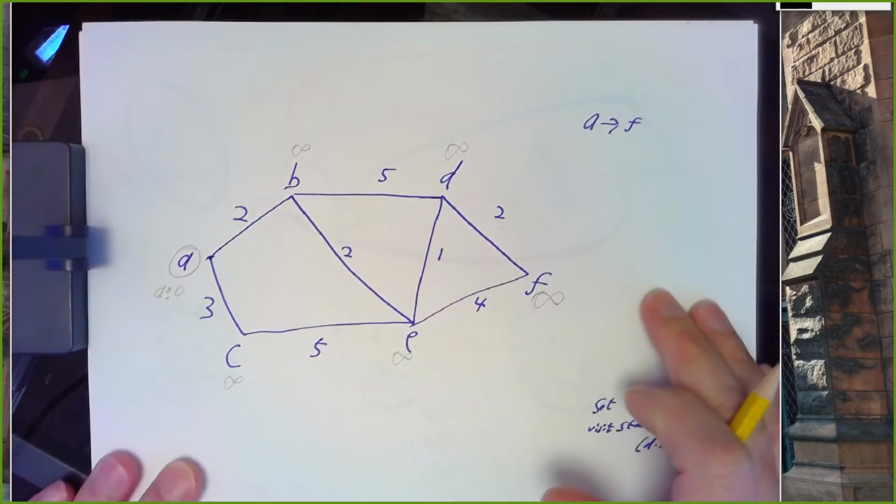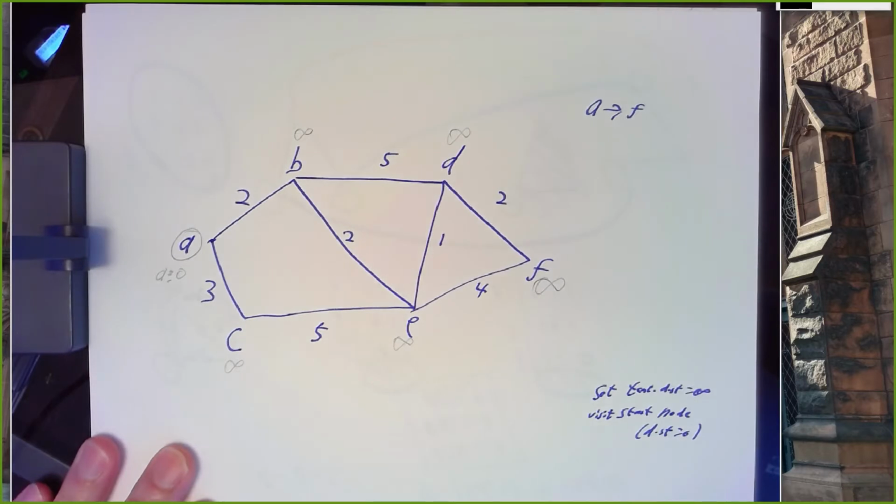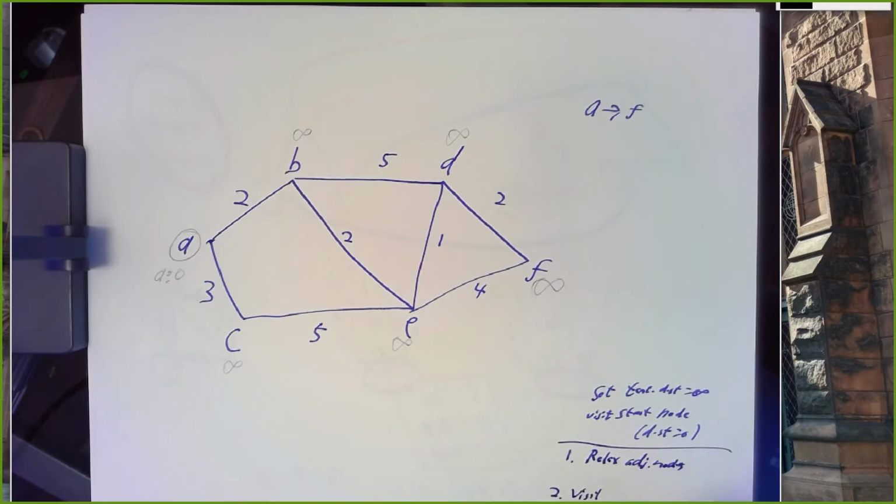So it's important to know which node you are visiting right now, because that's the node from which we're going to relax adjacent nodes. So here's our 2-step process. Relax adjacent nodes, and then visit closest node.